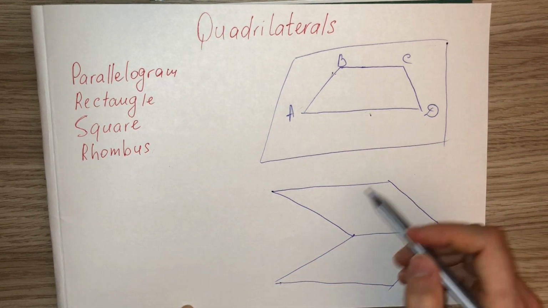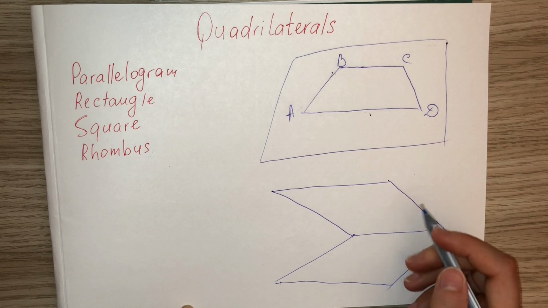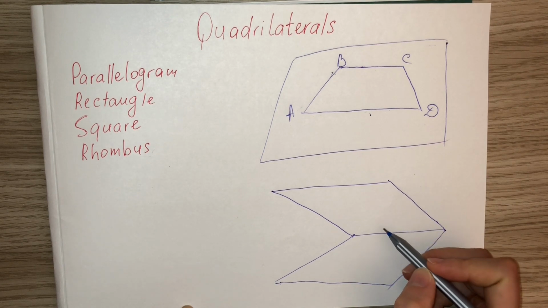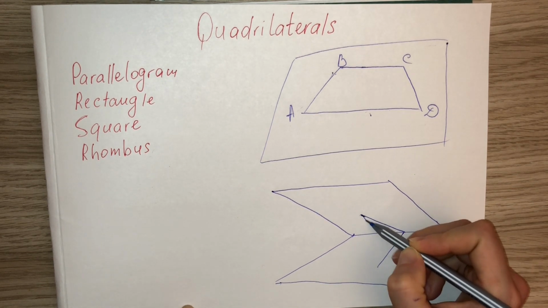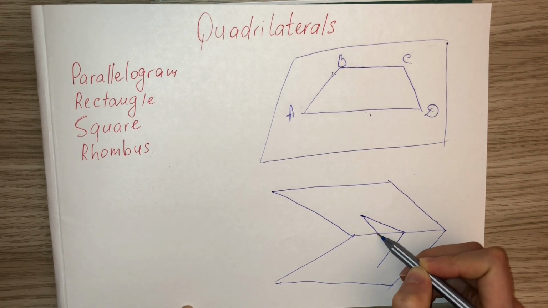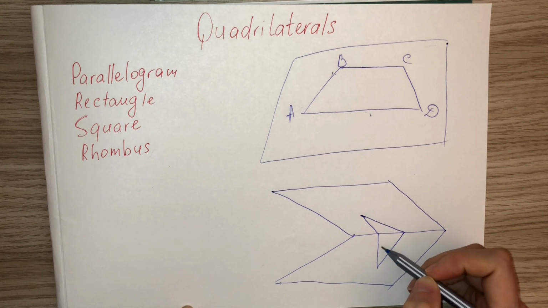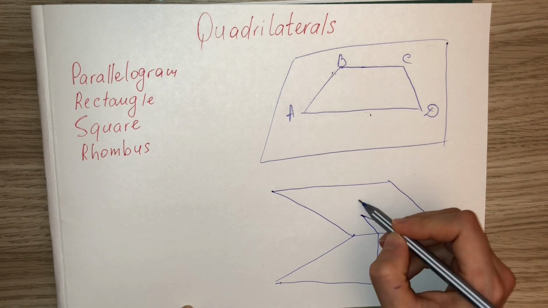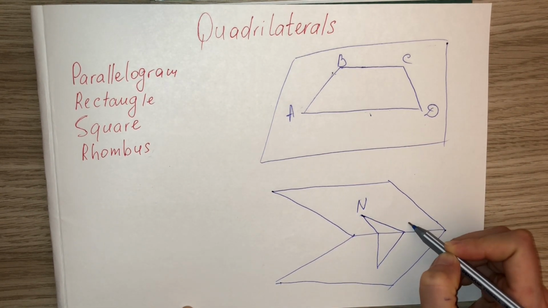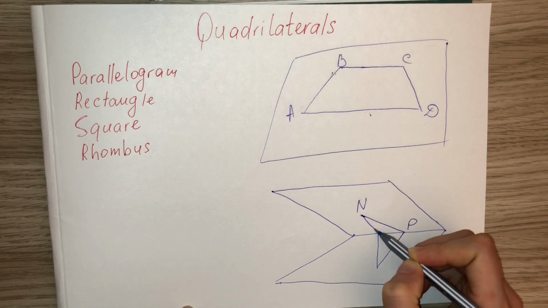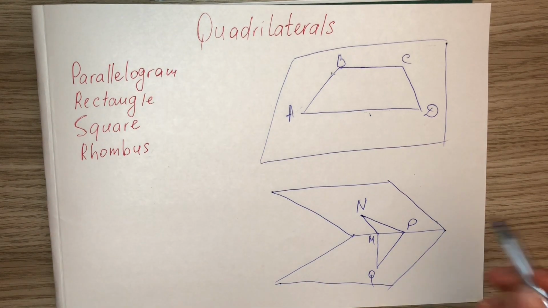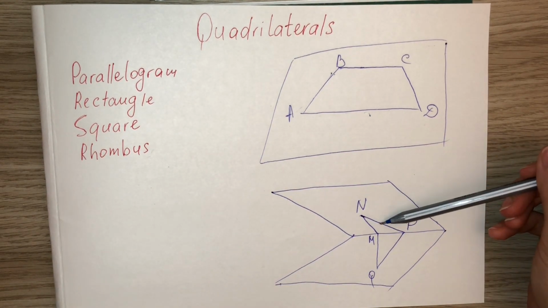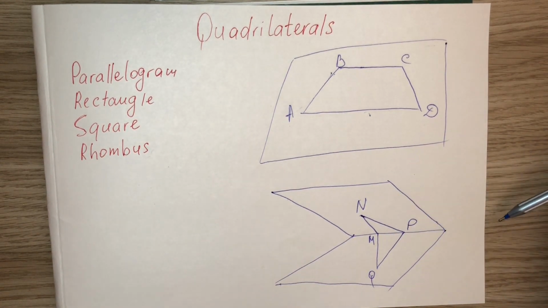Let it be a plane, and if the sides of the quadrilateral are not coplanar, this is called skew. Let it be N, P, M, and Q. As you see, 1, 2, 3, 4, this quadrilateral also has four sides.